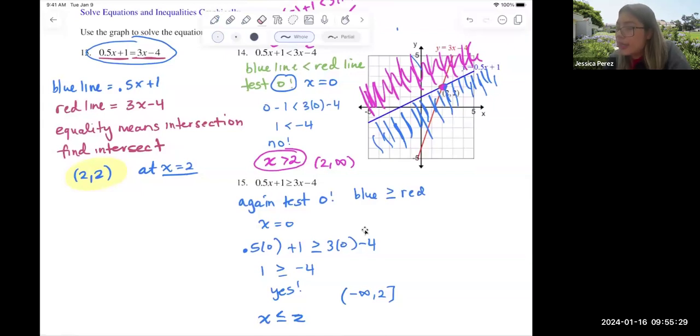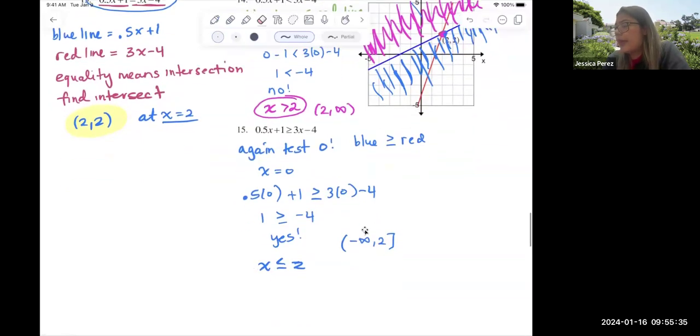So we want to shade in the orientation where 0, 0 is on this graph. So then that means that x less than or equal to 2 will suffice this inequality. That's when your blue is greater than your red. Okay? And they're equal when they're intersecting.